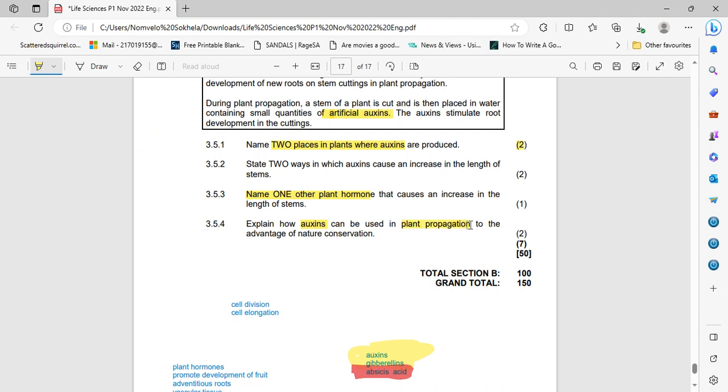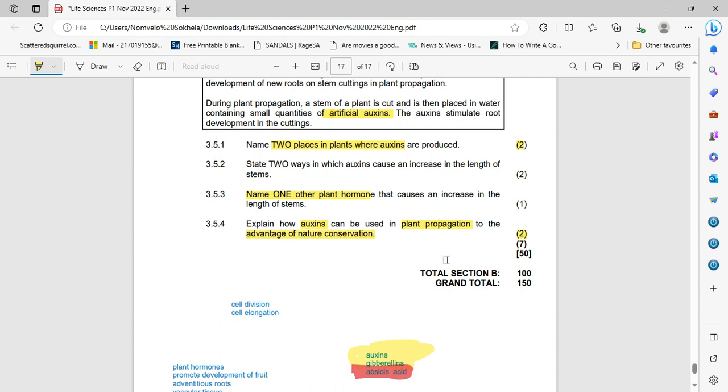Propagation is when you use only the stem, and the stem is able to produce the roots, the leaves, and also the flower of the plant, to the advantage of nature conservation. And the answer is 2 marks.